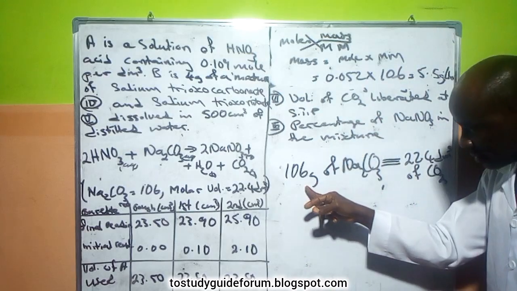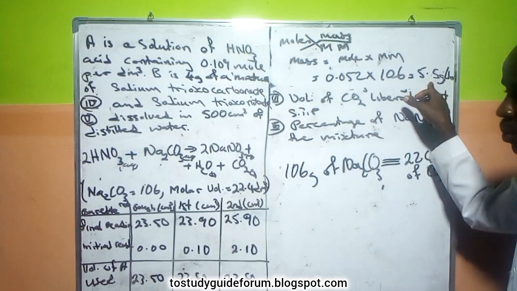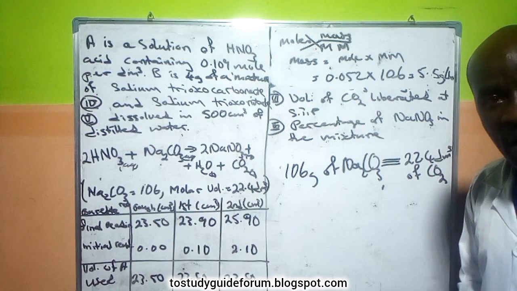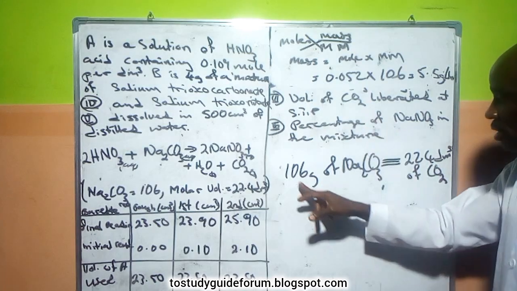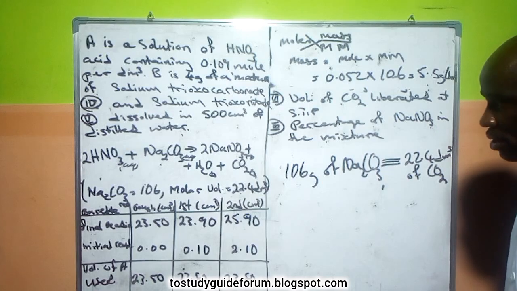Now this is mass to volume. The question asks us to find the volume of carbon IV oxide that will be liberated if 5.5 grams of this sodium trioxocarbonate is used.